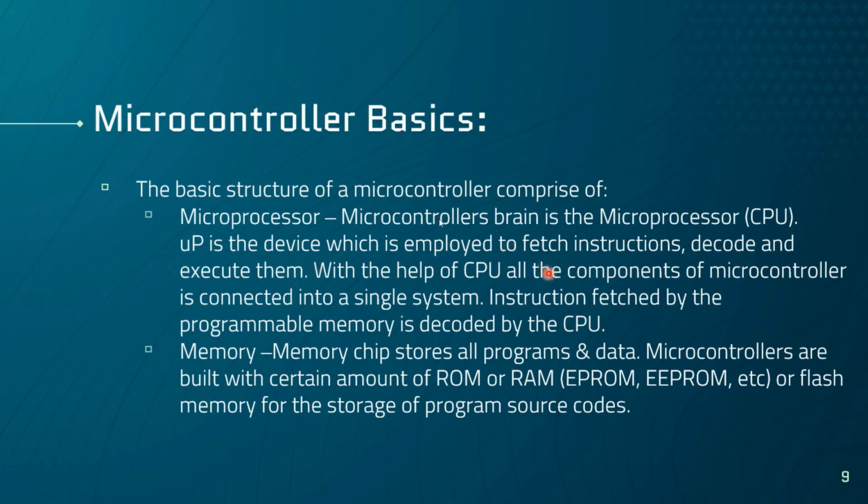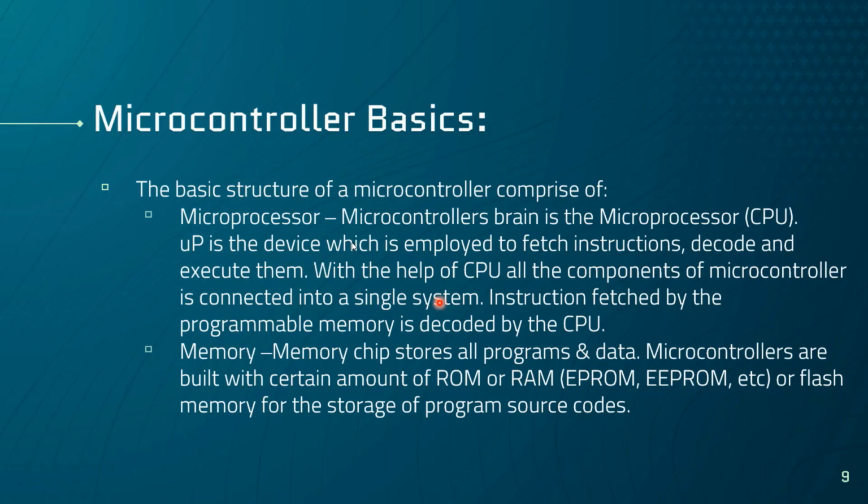With the help of the CPU, all the components of the microcontroller are connected into a single system. So basically the CPU is the heart of the system, because the CPU accesses the memory to fetch the data. It uses other types of memory such as RAM for variables and all other kinds of stuff.